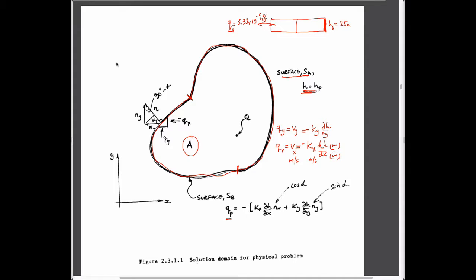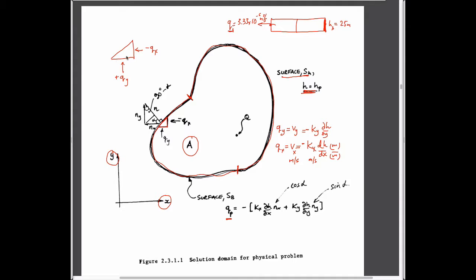The easiest way to do that is to take this little triangle at the boundary. This triangle says that the amount of flux going in here is minus Qx, and the amount of flux going in here is plus Qy, because they're in the positive directions of the x and y axes. So this is in the minus x direction, this is in the plus y direction.